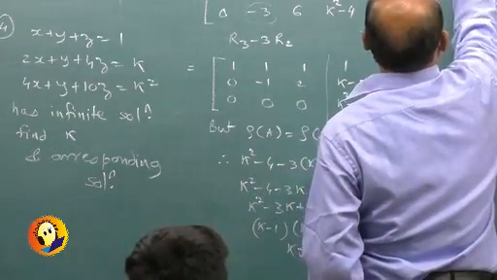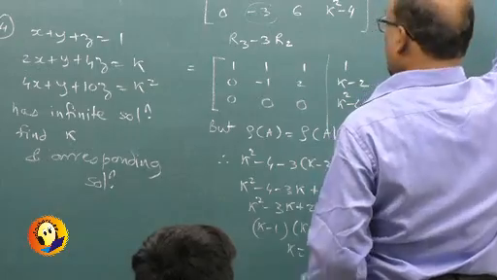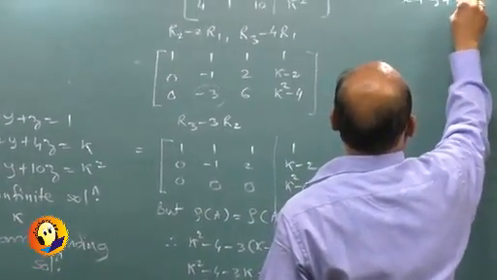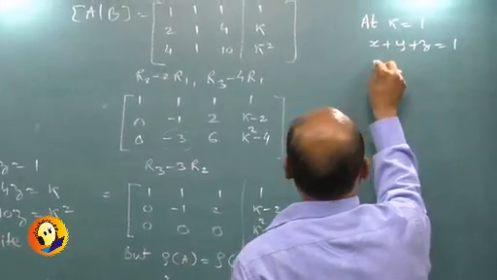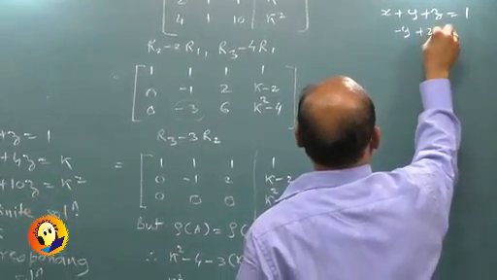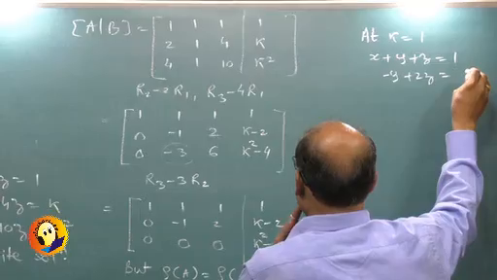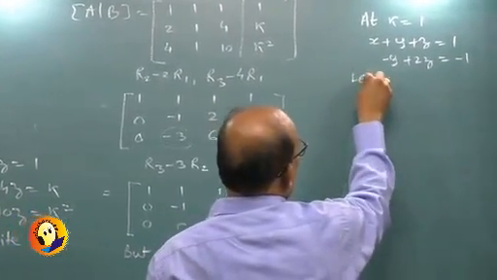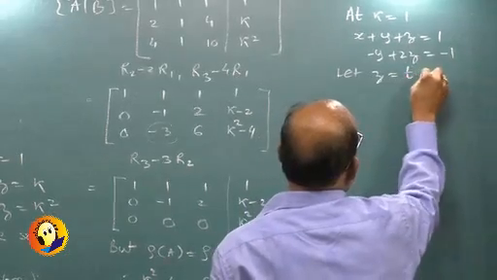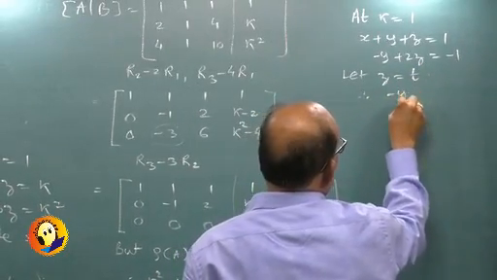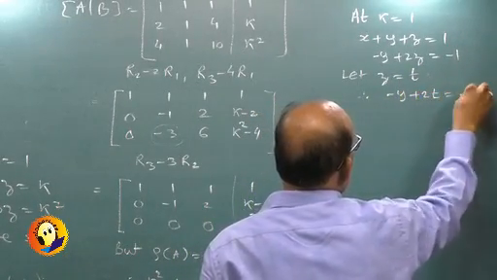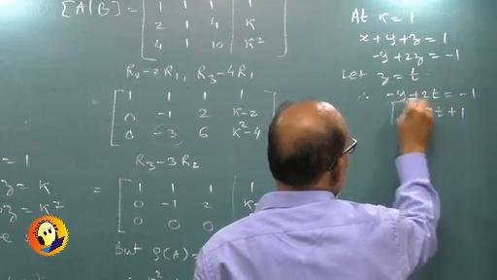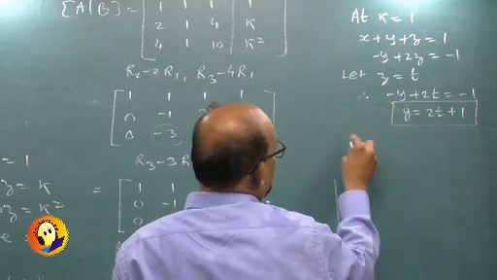So at k equal to 1, what would be the equations? x plus y plus z equal to 1 and minus y plus 2z equal to minus 1. We'll say let z is equal to t. Therefore, minus y plus 2t equal to minus 1, or y equal to 2t plus 1. Substitute in the first one.